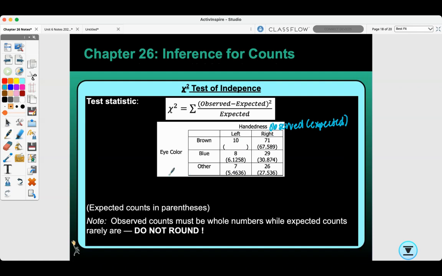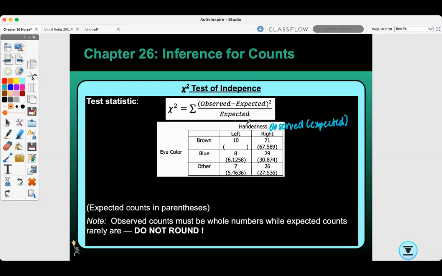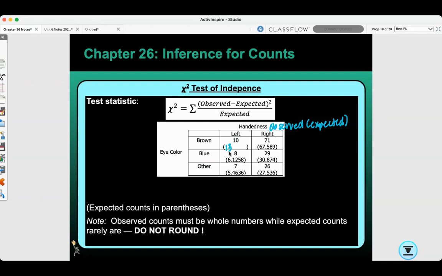So you would get all your totals here, add them up, and get your value for your expected values here. Again, you don't have to show the work to find your expected values. You can get them from your calculator. So I notice here I'd have 13.411. Okay, we do need to show our work to find our chi-squared statistic by hand.